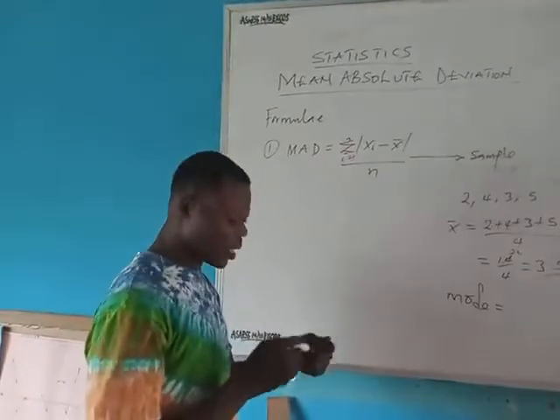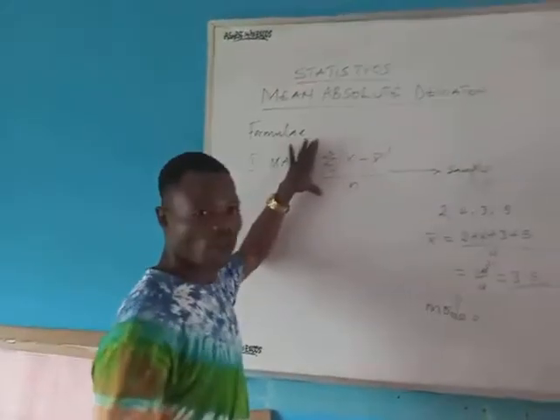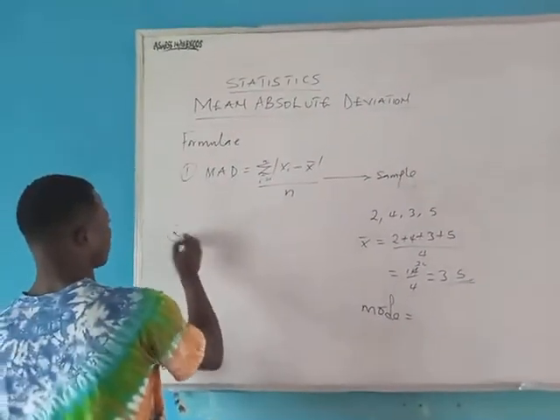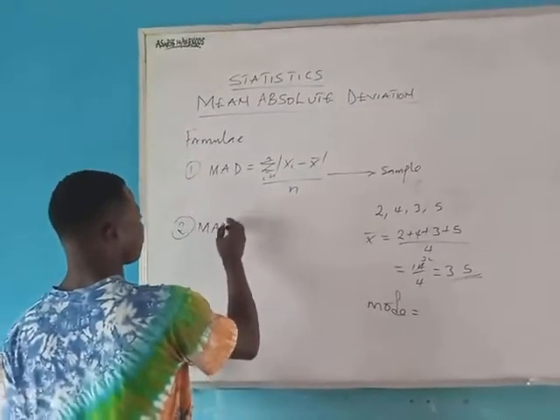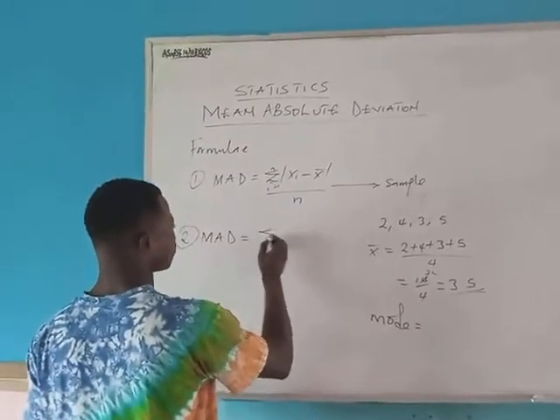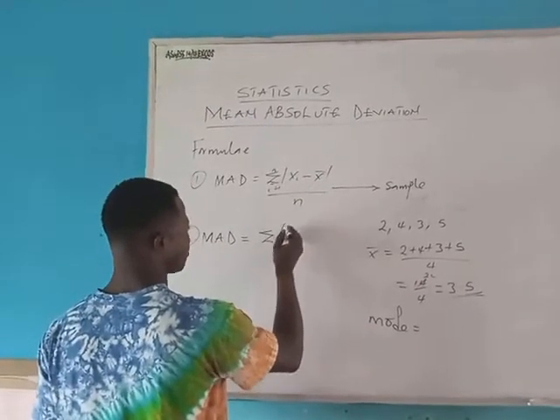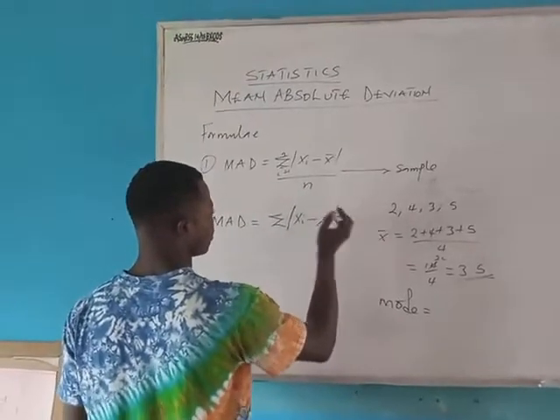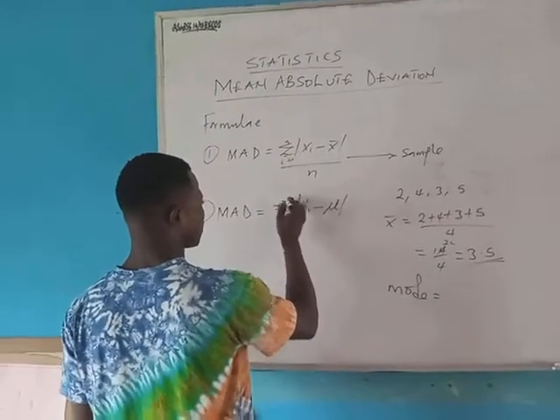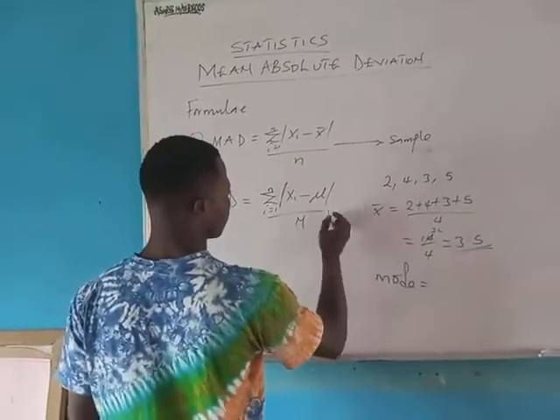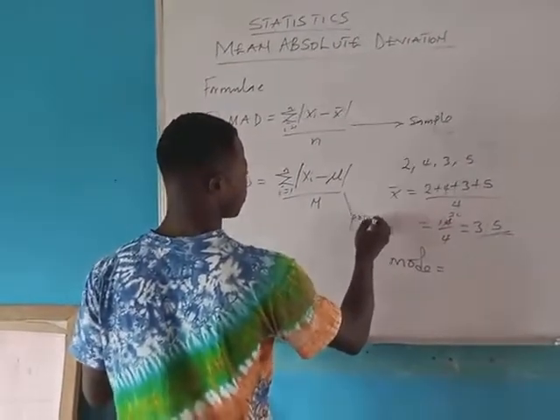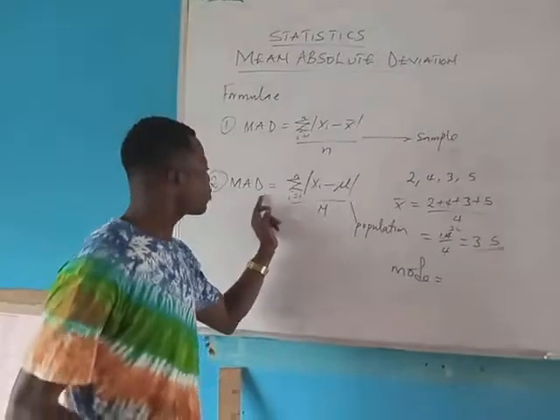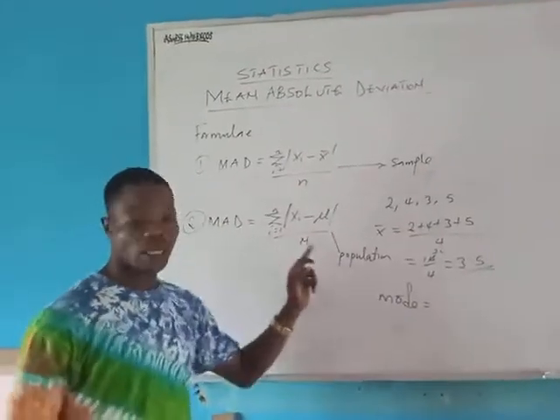That is, if the data given is a sample, we use this formula to calculate our mean absolute deviation. Then we also have another one: mean absolute deviation equals the summation of the absolute value of xi minus mu, with i from 1 to n, all over n. This one is for population. So if you are working on a population, we use this formula to calculate the mean absolute deviation.